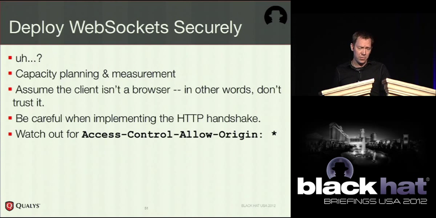In this day and age, to an audience like this, we shouldn't have to say this third bullet point about don't trust the client. But considering that in 2012 we can still find more than a handful of web servers that have SQL injection and unsalted passwords, I guess it's worth reiterating here.